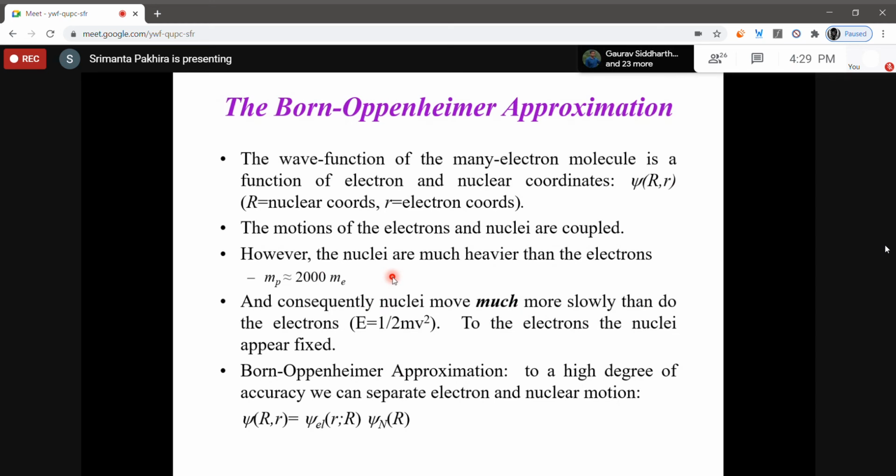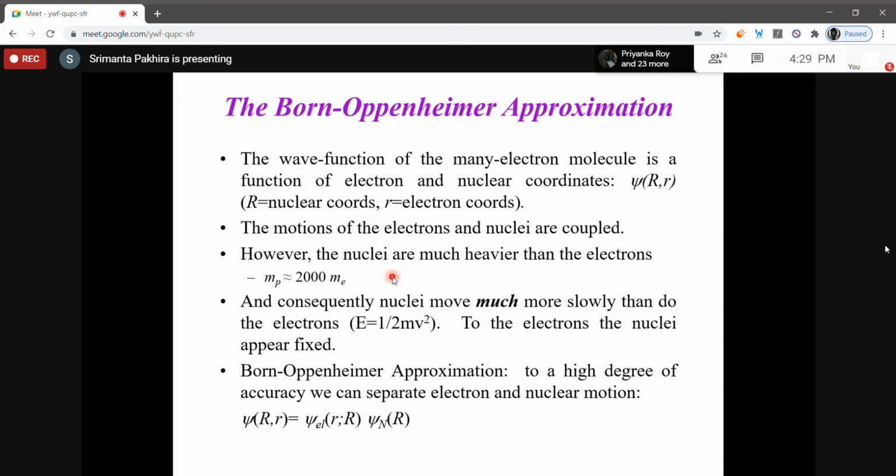If we consider the kinetic energy or revolving, which one is moving faster, they found that nuclei move very slowly because of their heavy weight compared to electrons. And it seems that the electrons inside the atom are the only ones moving, and the nucleus is at rest or fixed.